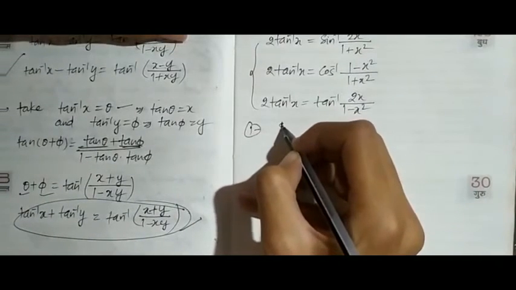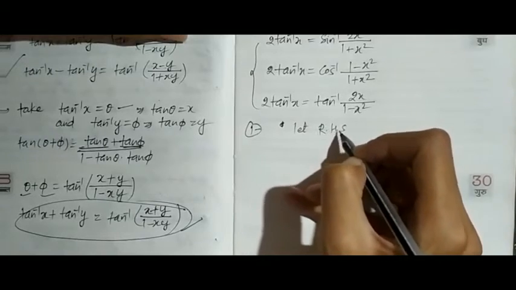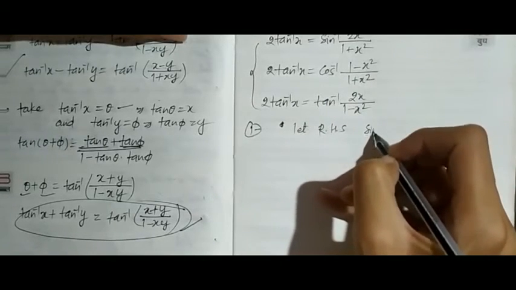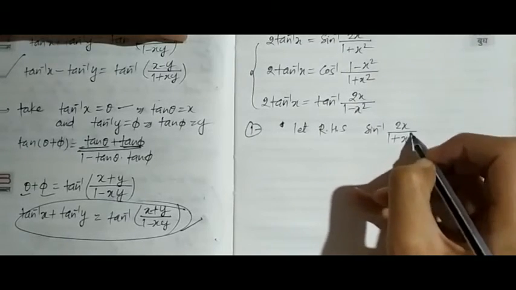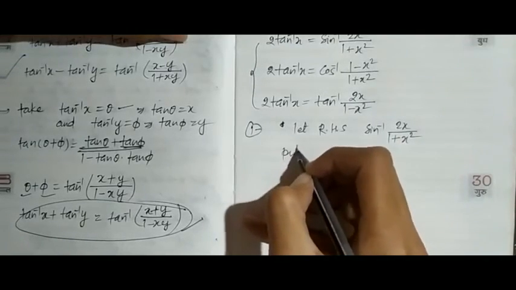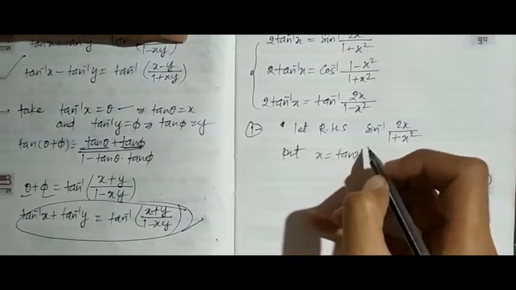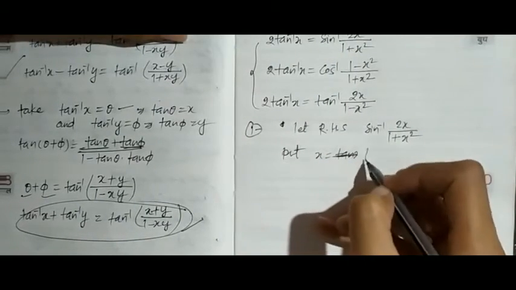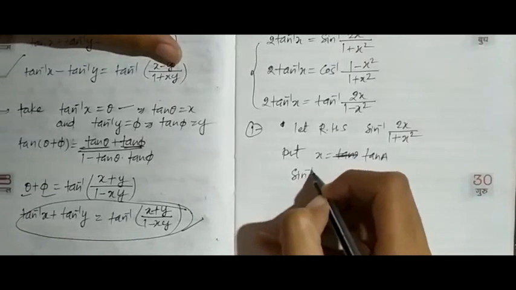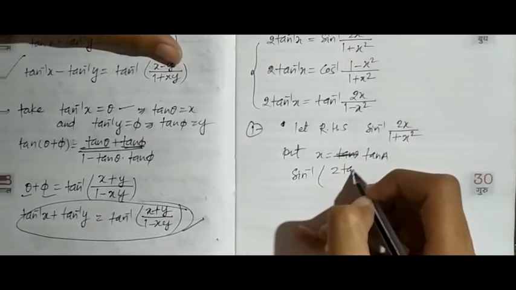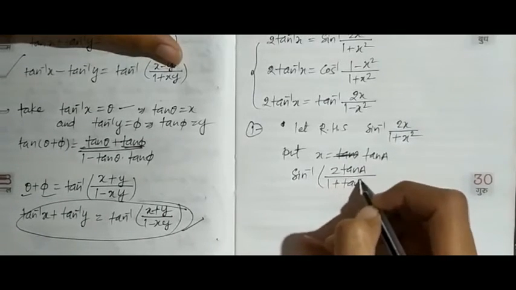Take the right hand side of this formula, sin inverse of 2x upon (1 plus x square). Put x equal to tan a, that can be written as sin inverse of 2 tan a upon (1 plus tan square a).